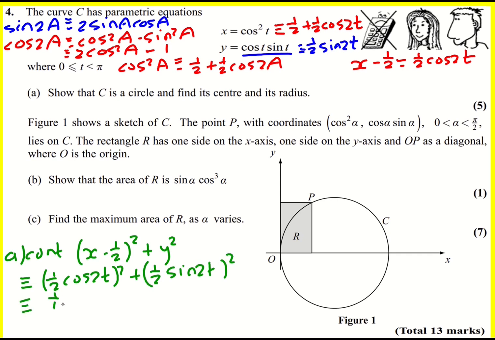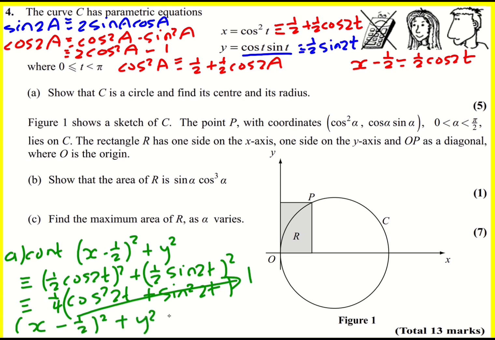This will be a quarter cos squared 2t plus a quarter sine squared 2t, so I can factorize the quarter out, and then this bit is just 1. So I've just shown that (x minus a half) squared plus y squared is going to equal a quarter, or I could even write it as a half squared.